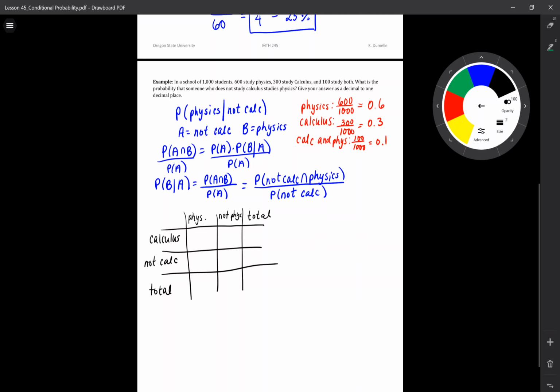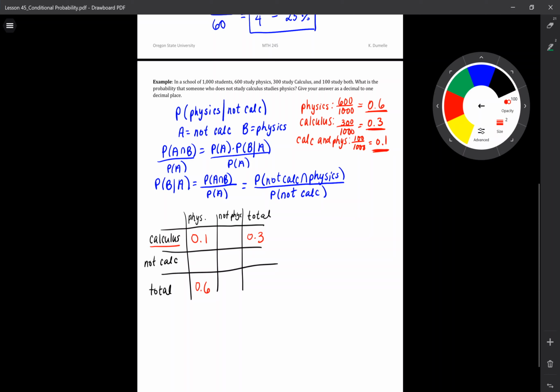We already know that the total number of people who are taking calculus is 0.3. We also know that the total number of people who are taking physics is 0.6. Okay, what about calculus and physics? Well, calculus intersecting with physics is right in this spot right here, so this is 0.1.